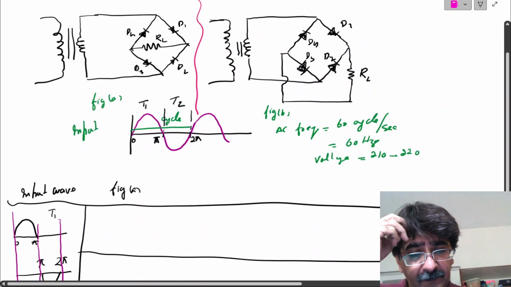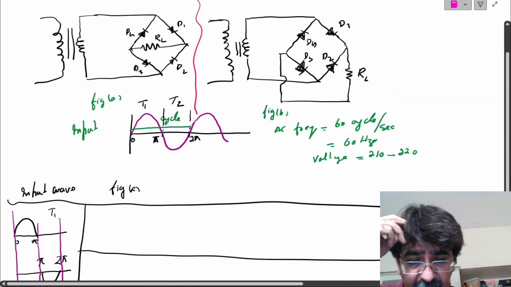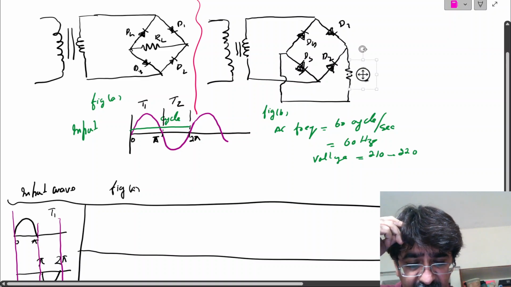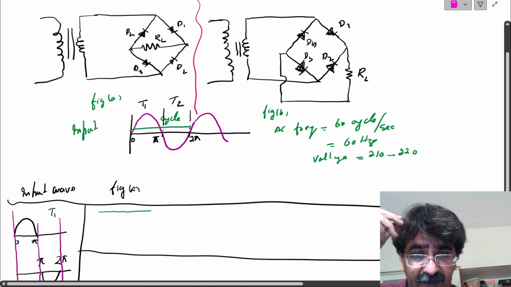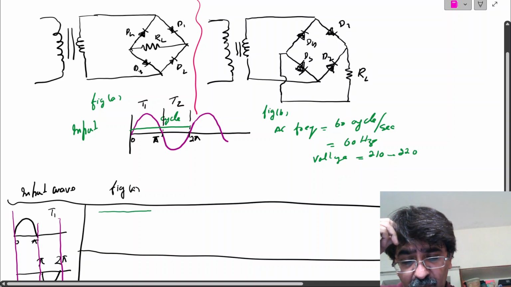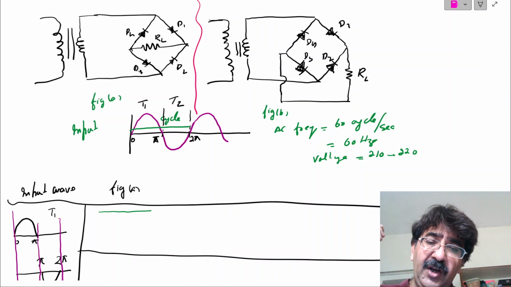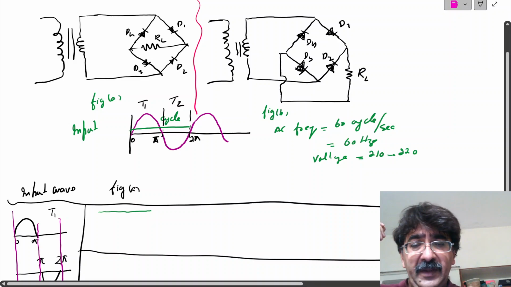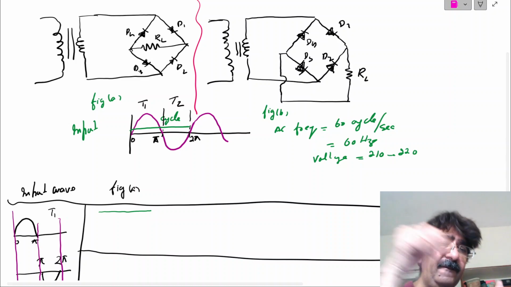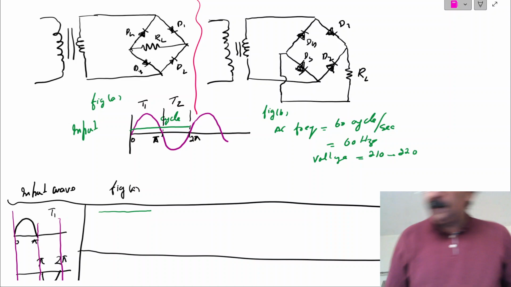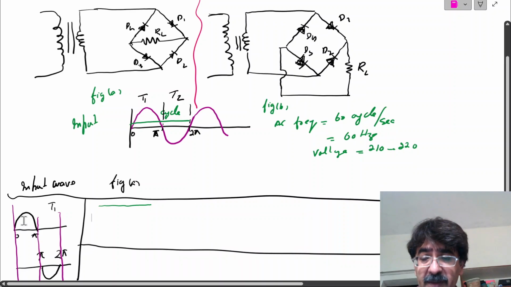For fig A, the equivalent diagram: for T1 the input is a positive ripple, from 0 to pi.